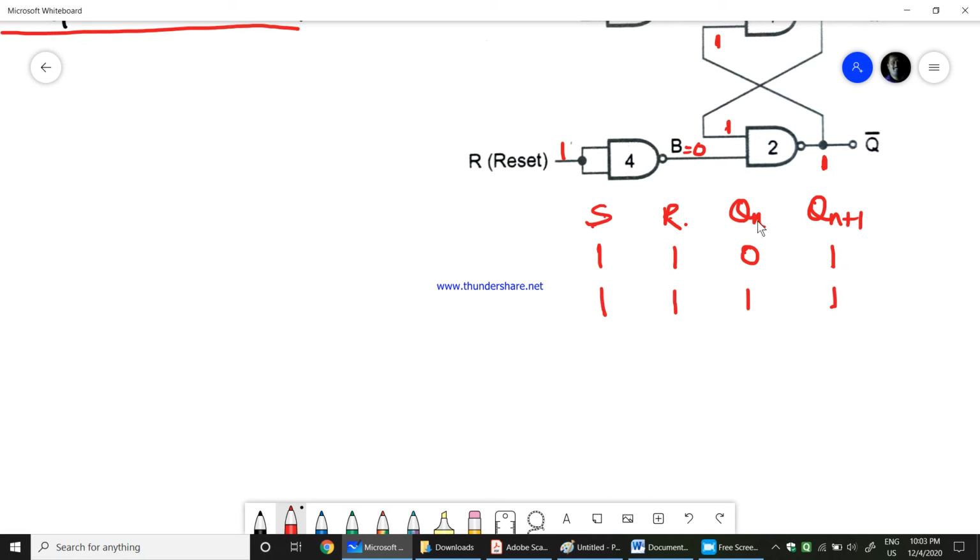But when you see the Qn and Qn plus 1 behavior, the next state is 1 even though the present state is 0 and 1. But the problem is that this set state can come only when S equals 1. Right? Because when S equals 1 and R equals 0, we got the same case. So when both are 1, if you get the same case, it means that it is an undefined state, because both S and R are 1. So therefore we'll write a comment here.